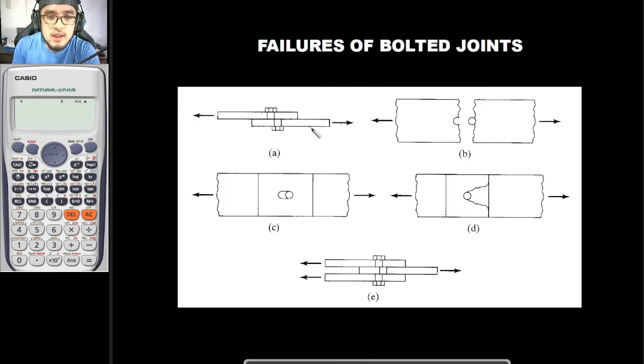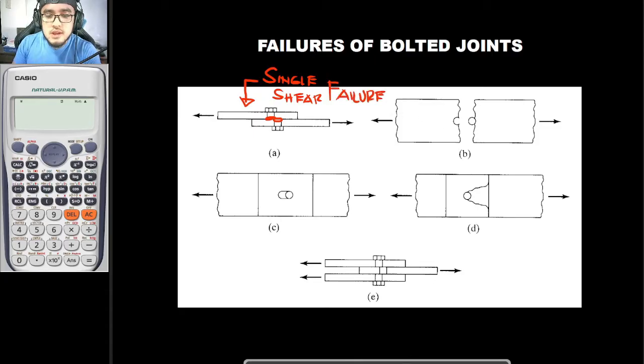So ito yung ating mga failures for our bolted connection. So for this first one, this is what you would be calling your single shear failure. So bakit single shear? Self-explanatory, we only have one shear plane here. So ito yung shear plane niya, napunit siya. So this is to be a single shear failure.